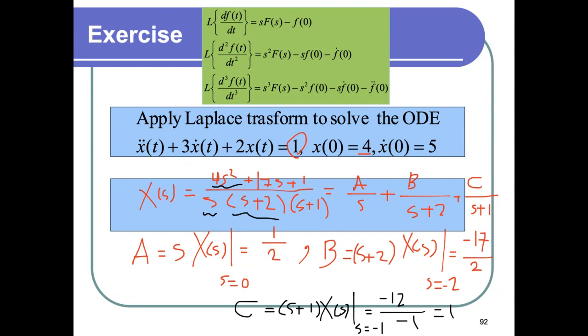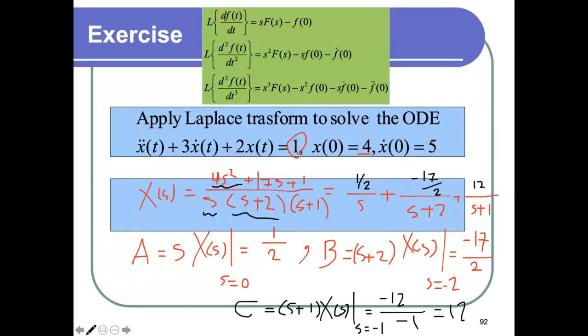This is equal to 12. I put these numbers: A was 1 over 2, B was minus 17 over 2, C was 12. Any questions about this part? Okay.